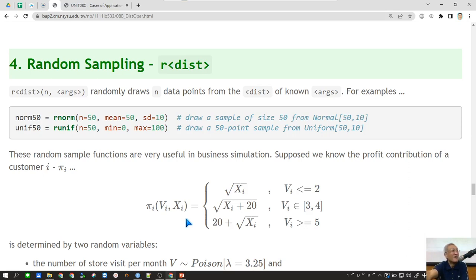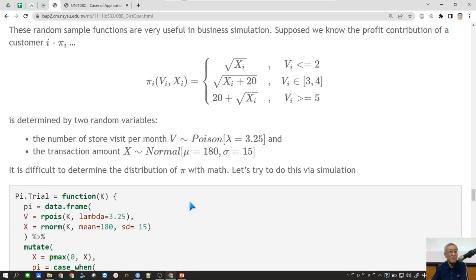But you actually know the rule, and you know the distribution of these two variables.